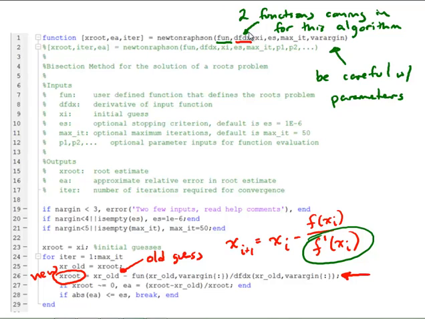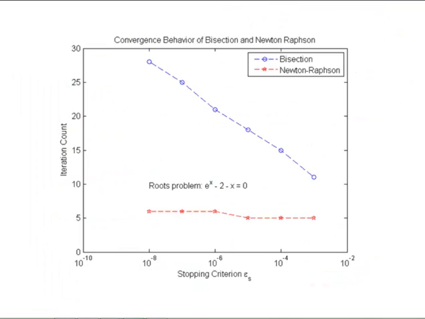So let's look at how this performs relative to the bisection method. We looked at this in a previous video. That's the blue line for the bisection method, and that's the convergence behavior as we decrease the stopping criterion for the roots problem e to the x minus 2 minus x equals 0.